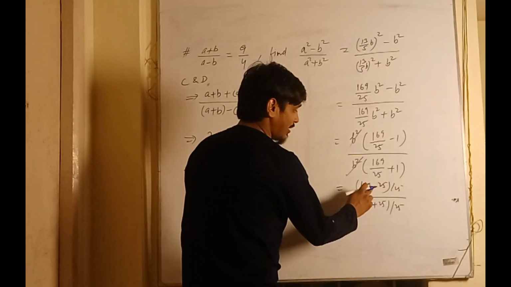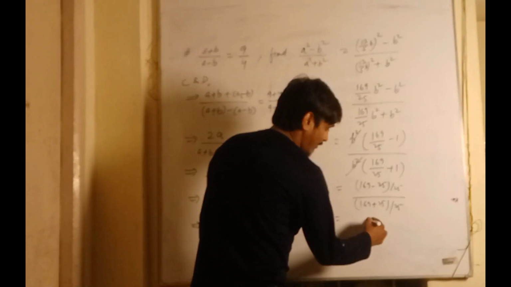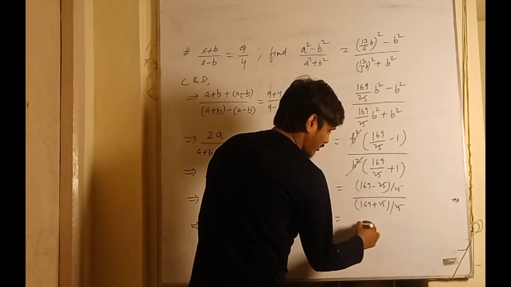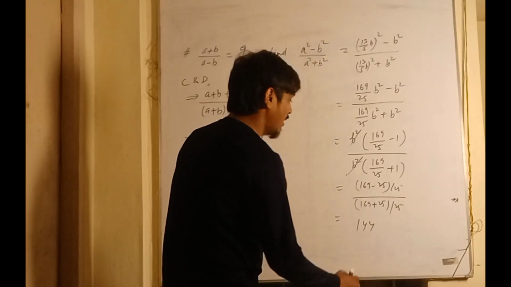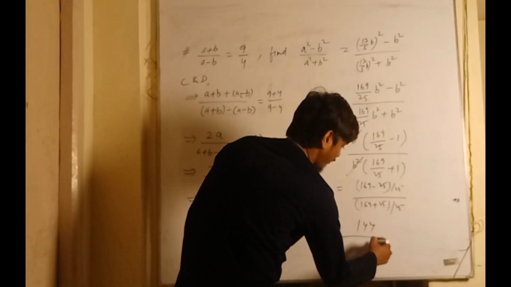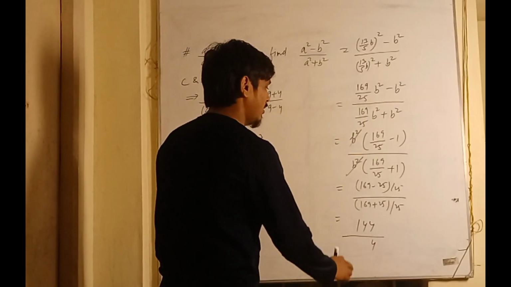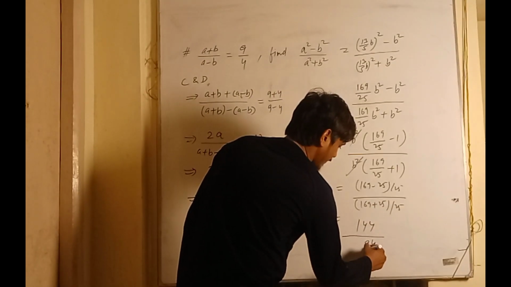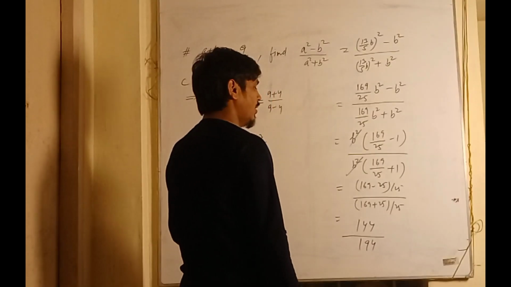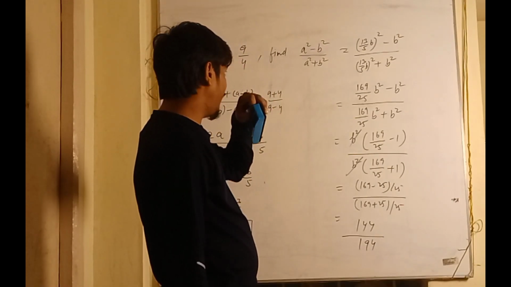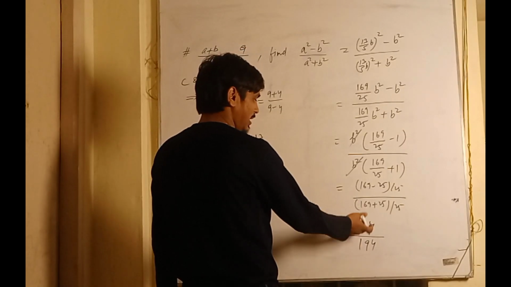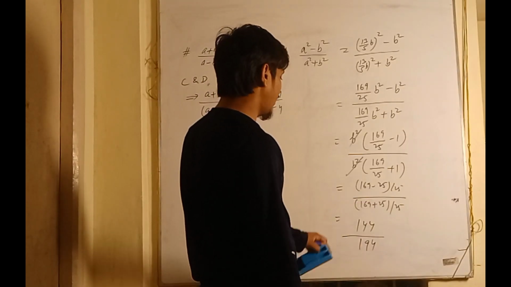If we are subtracting this, 9 minus 5 is 4, 6 minus 2 is 4, so this in numerator is 144, and in the denominator 9 plus 5 is 14, remainder 1. So 6 plus 2 is 8, plus 1 is 9, and this is 194. So 144 over 194, we can cancel the common factor in numerator and denominator.